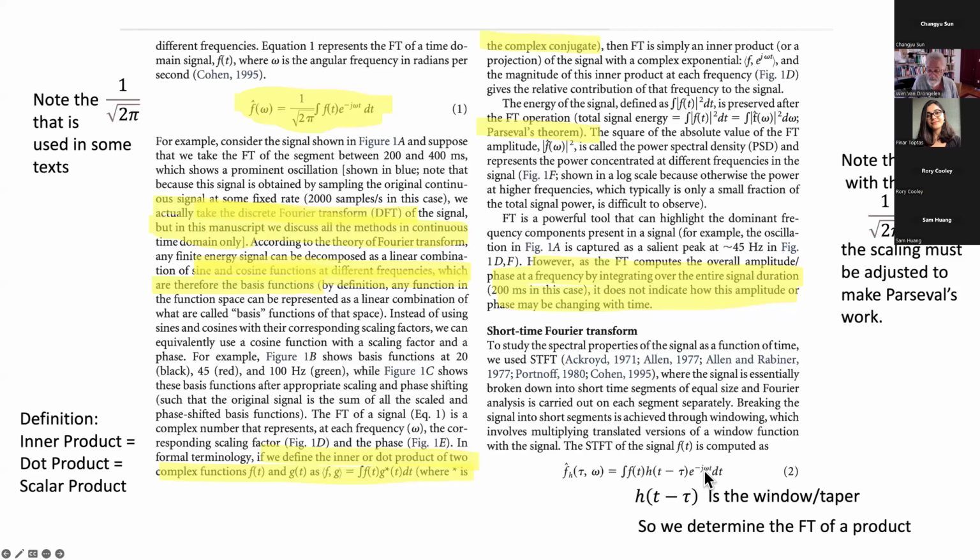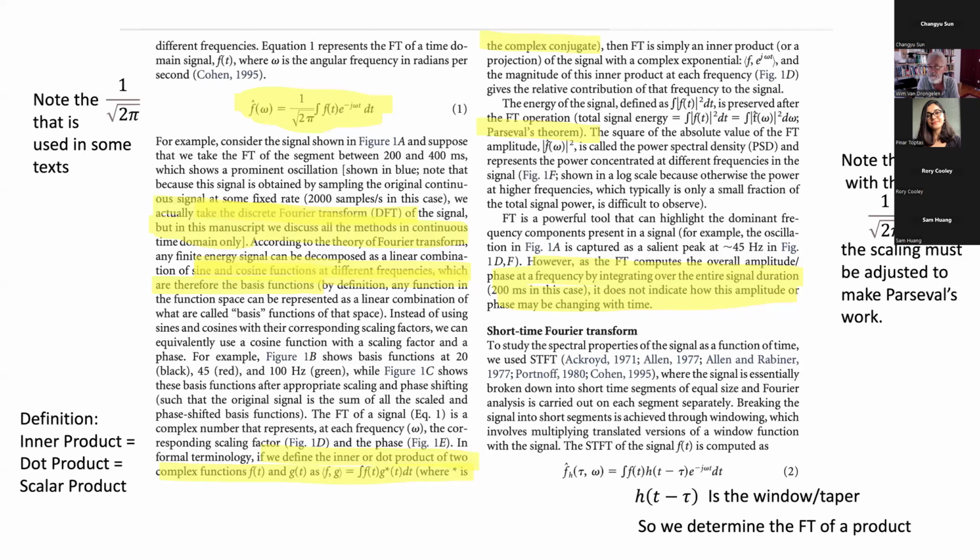Now here is the equation used for the short-term Fourier transform, which looks very similar to the Fourier transform. They omit this normalizing term, so they won't have issues with Parseval. The only difference between the Fourier transform and this one is a window represented by h(t minus tau).